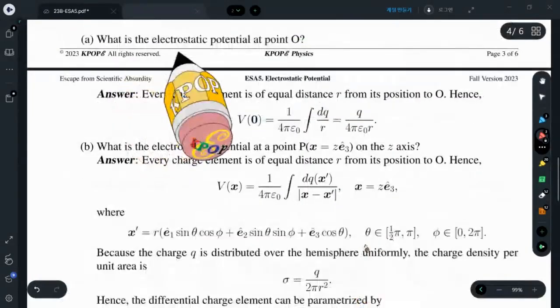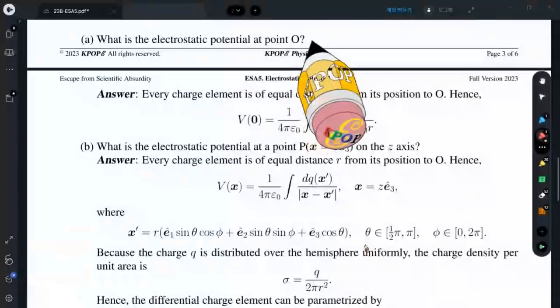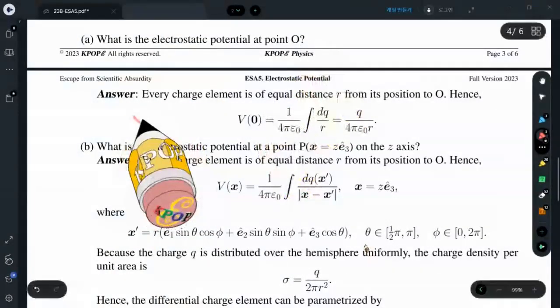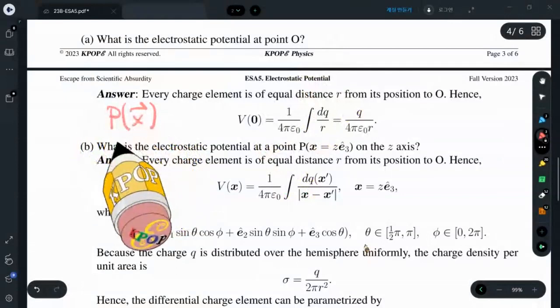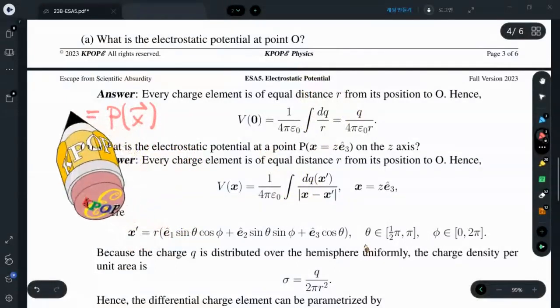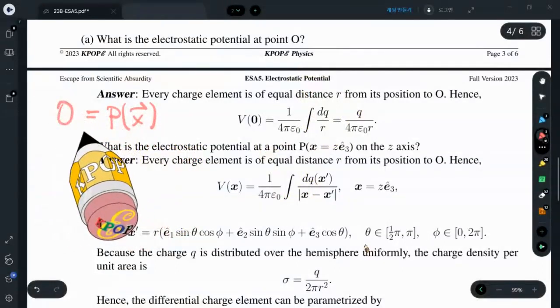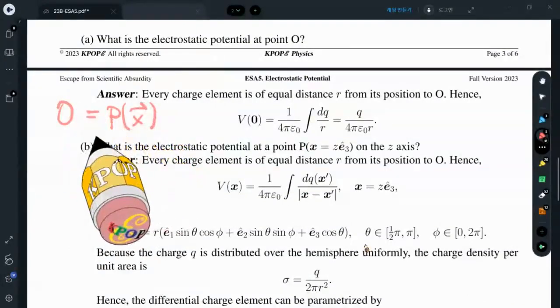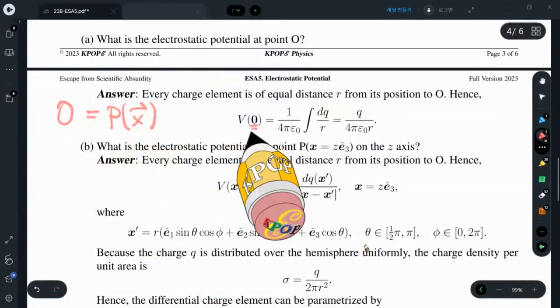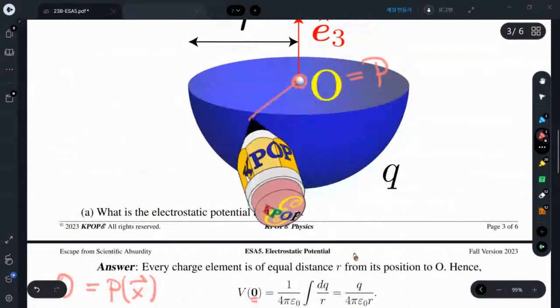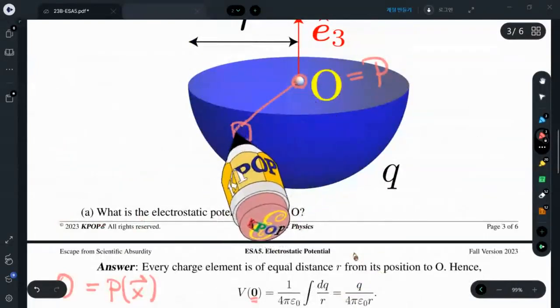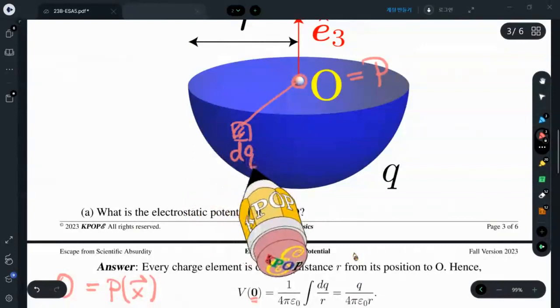What is the electrostatic potential at point O? X is the position vector of the field point, and my field point is at the origin, whose vector notation is 0. What we have to do is integrate over the surface, and we have a small dq.